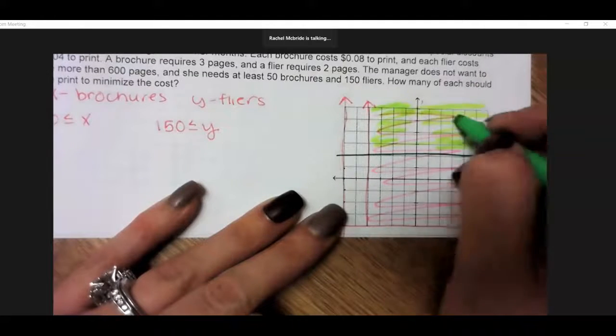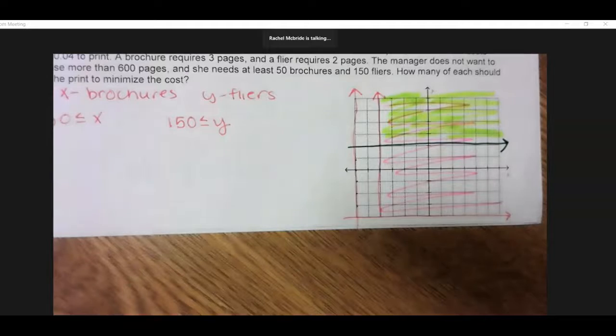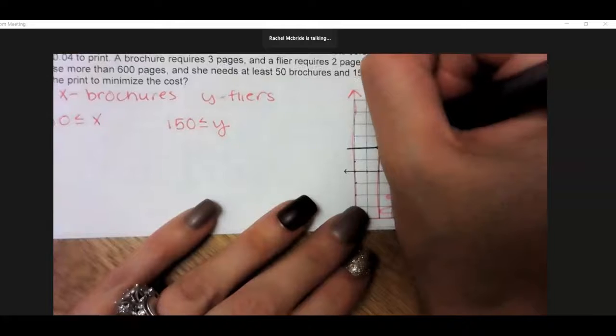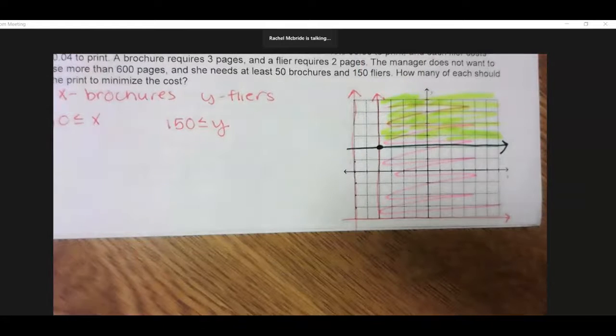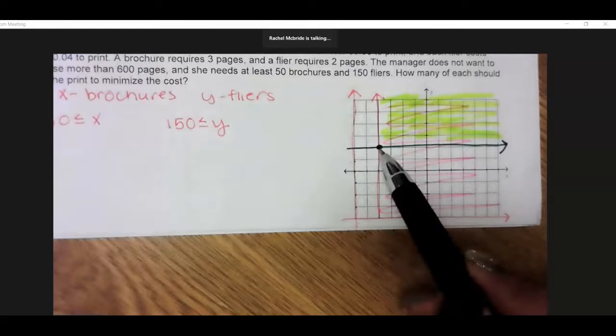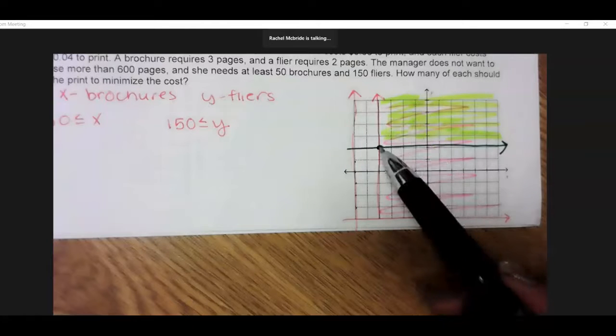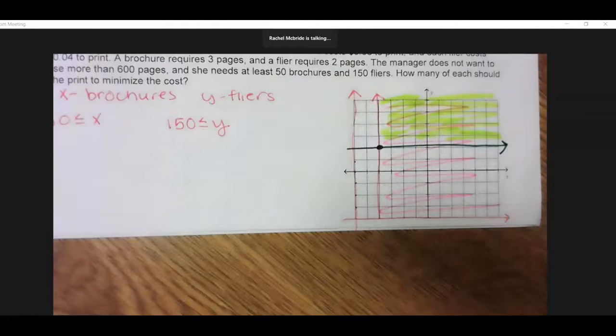So I already know that I have one of my vertex points, and that point is the minimum number of each they could produce. So the minimum number they can produce is 50 and 150, and that's coming from the idea that that is the minimum amount allowed.